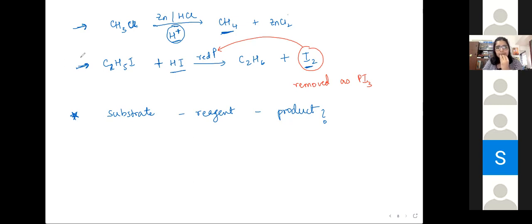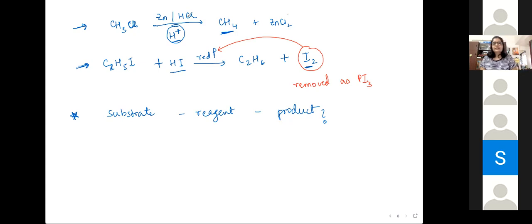Then just the first one again, first reaction. This one. So alkyl halide, so chlorides treated with zinc in the presence of an acid. Again, you guys need to have a sense that HCl is an acid that produces H+.